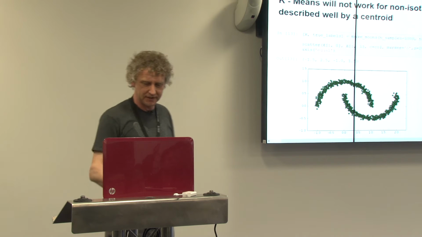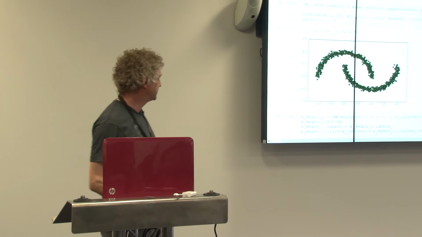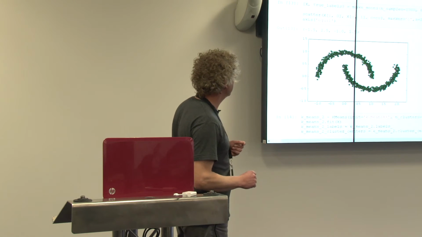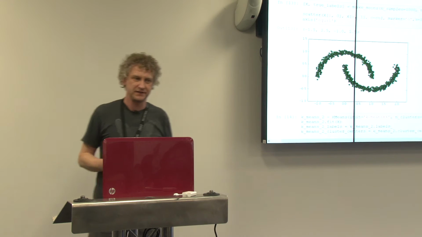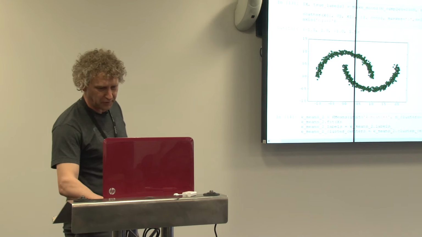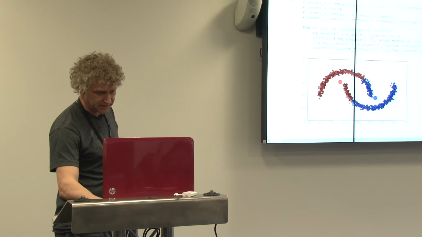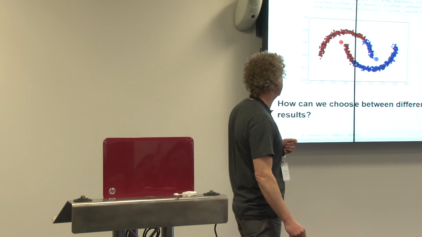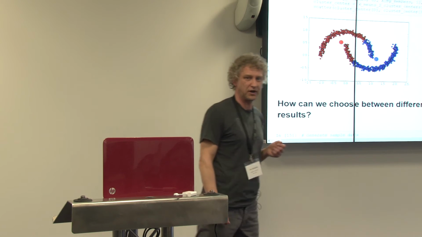So if we've got data that looks like this, and as human beings we can see that there are 2 obvious clusters, k-means clustering is not going to work well in this instance. If we run k-means clustering on this particular data set, what we end up with is this. And clearly that's not what we're after.